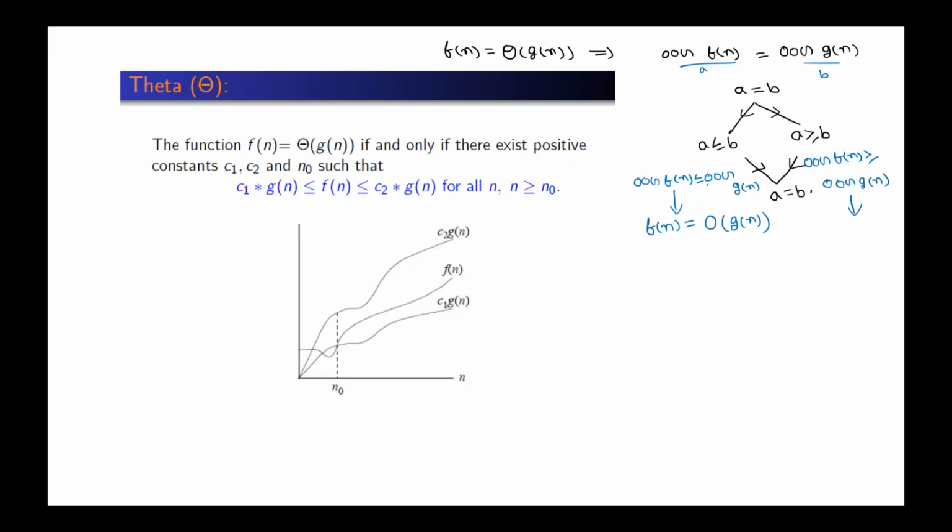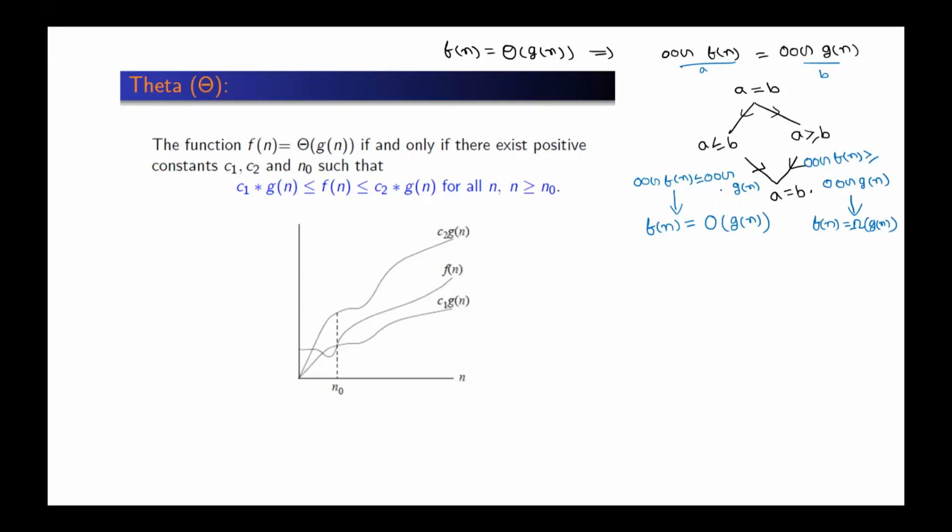Order of growth of f of n less than or equal to order of growth of g of n means we can write it as f of n is big O of g of n. Is that correct? Order of growth of f of n is greater than or equal to order of growth of g of n. That means f of n is big omega of g of n. Is that okay?